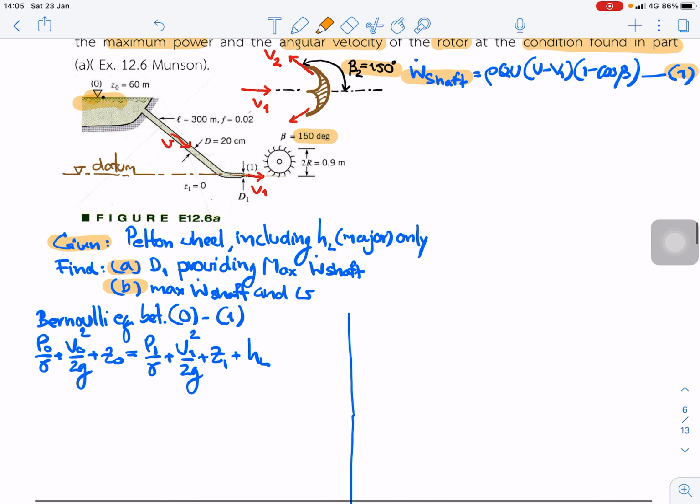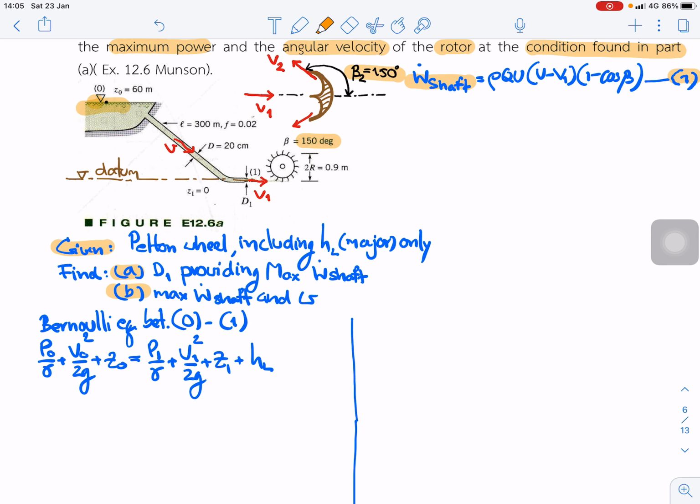So we start to write the Bernoulli equation between point 0 and point 1. Point 0 is at the surface of the reservoir, and point 1 is at the nozzle.